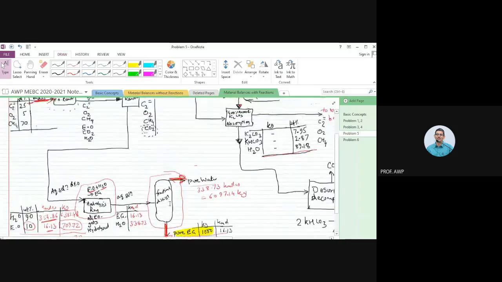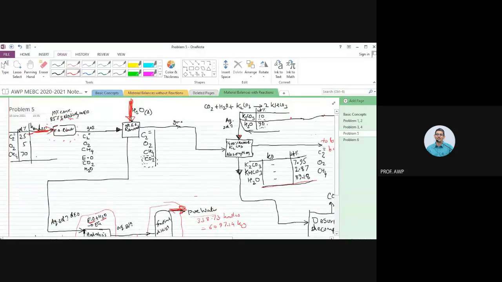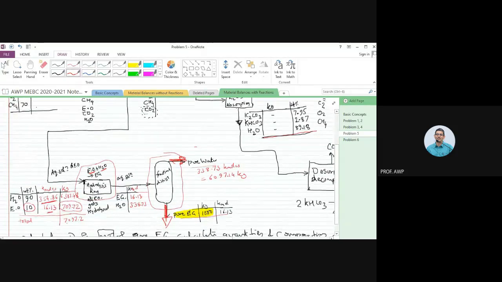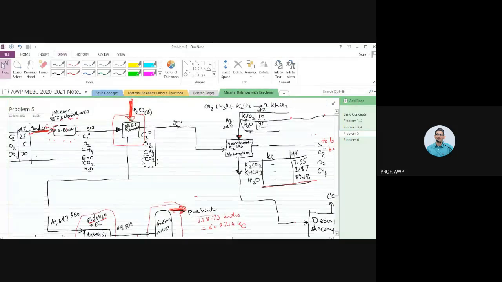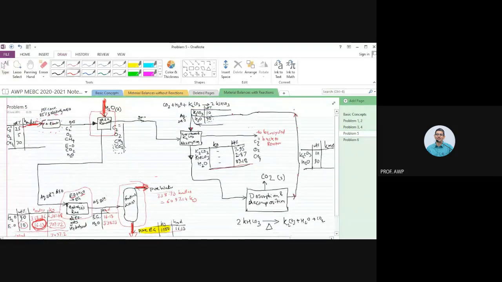Okay. Now we can work backwards. We can take a control volume like this. 16.13 kilomoles of ethylene oxide are coming into this aqueous stream, and there is no ethylene oxide in this gas stream. So in terms of kilomoles, this ethylene oxide must be 16.13 kilomoles.